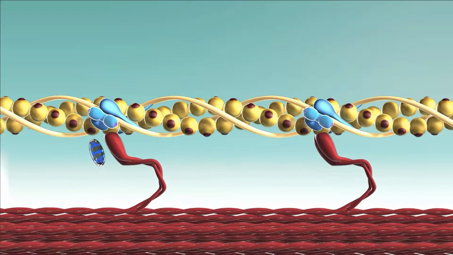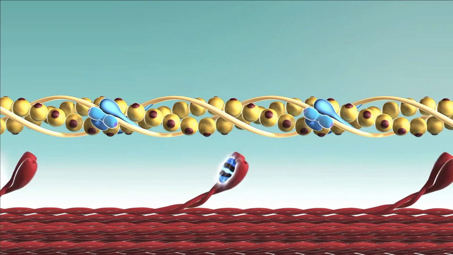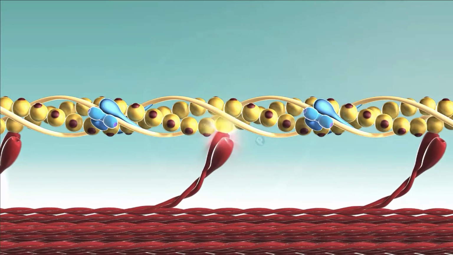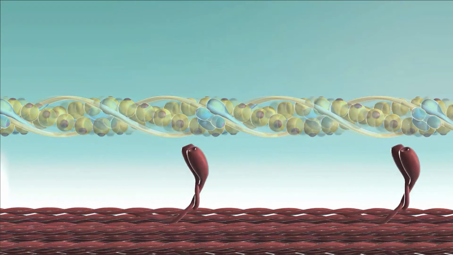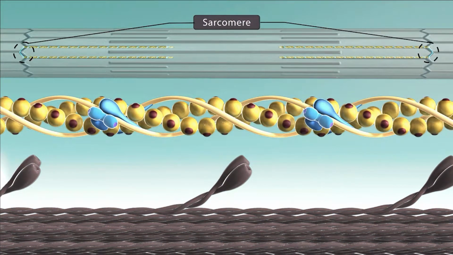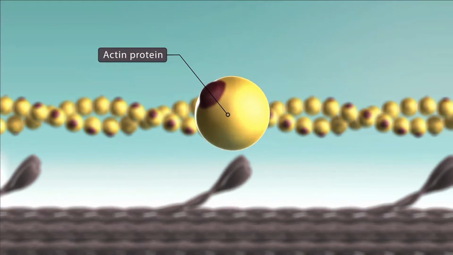Energy in the form of ATP moves the head into an activated position, much like cocking a gun. Once bound to actin in what is known as a cross bridge, the myosin head will bend and move the actin. The thin filament anchored to the ends of the sarcomere is primarily composed of actin proteins.